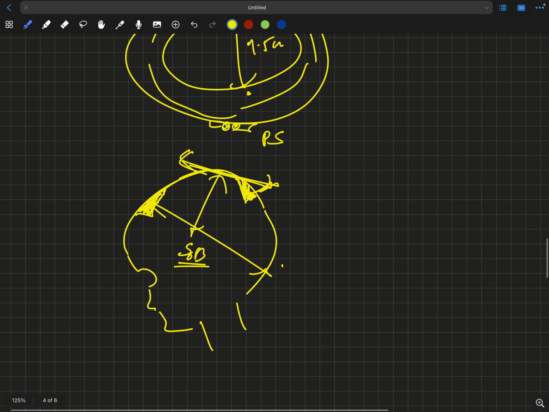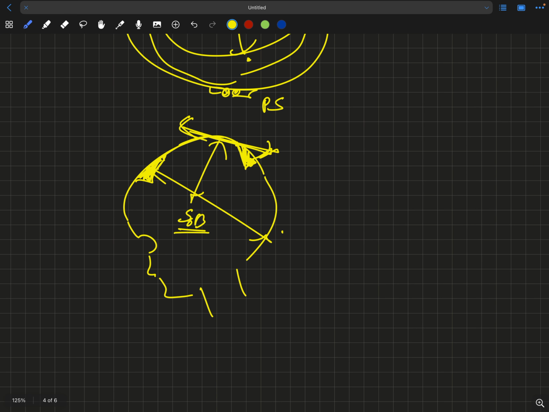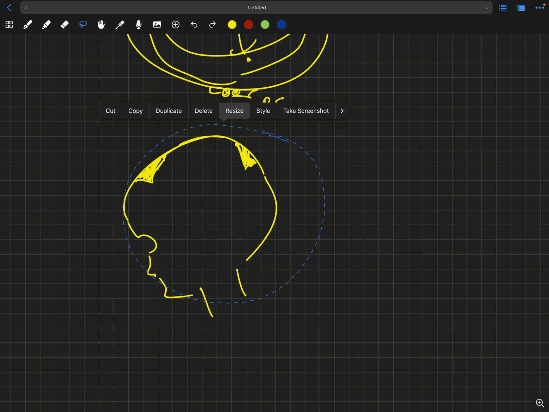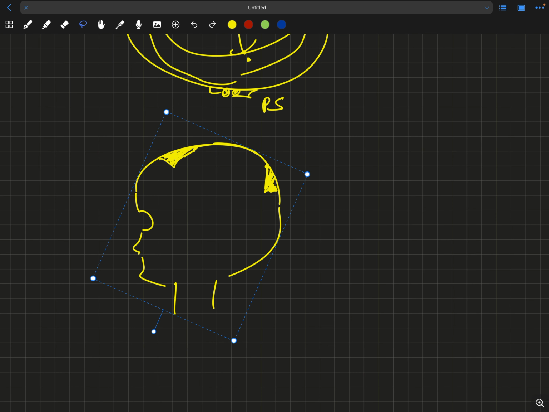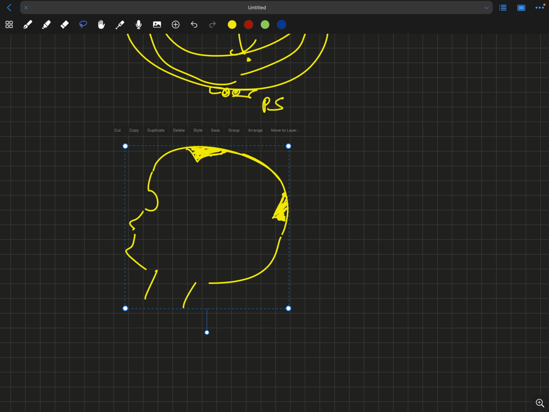Suppose now the same head, I am extending it. Now we have an extended head. So in an extended or partially extended head, our presenting part is the brow.